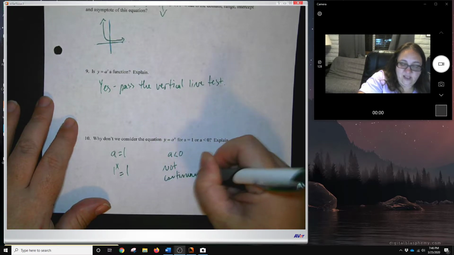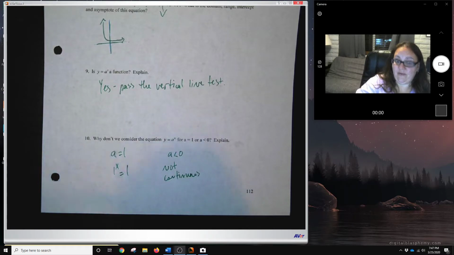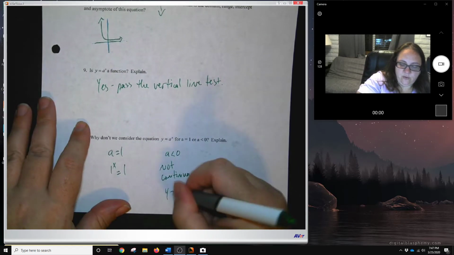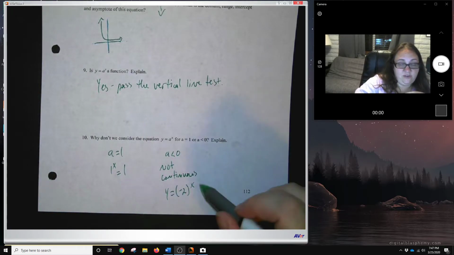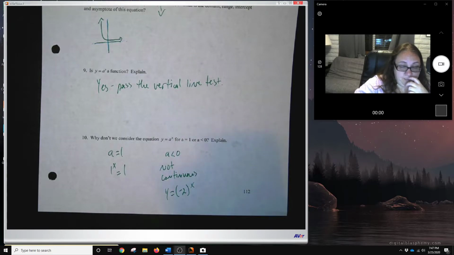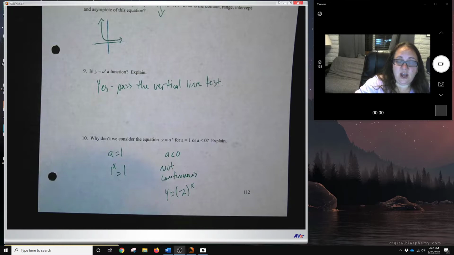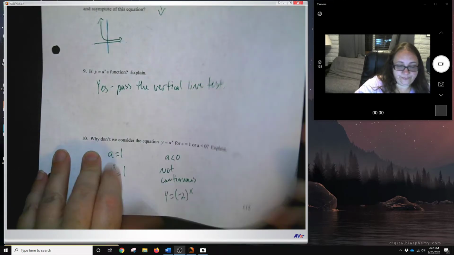The graphs of these are so messed up that your calculator can't even graph them. So if you tried to put y equals negative 2 to the x in your calculator, it can't get you a normal graph. Give it a shot, you'll see. But these graphs are not continuous, they're not good functions, so we don't work with them.